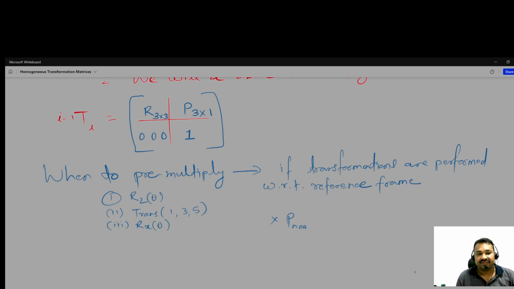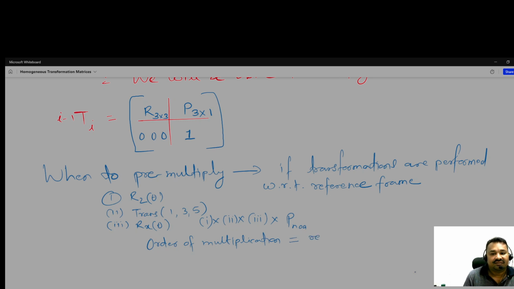Then what will be the order of multiplication? It is the reverse: this third one, then here second one, then here first one. Okay, order of multiplication is equal to reverse of transformation.